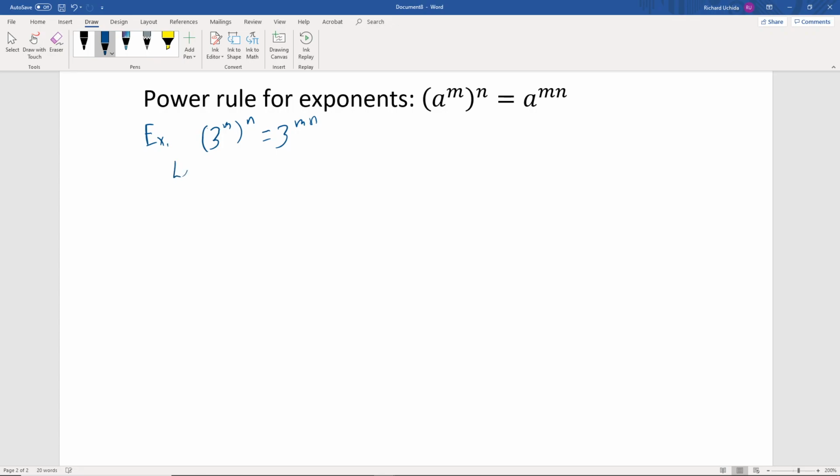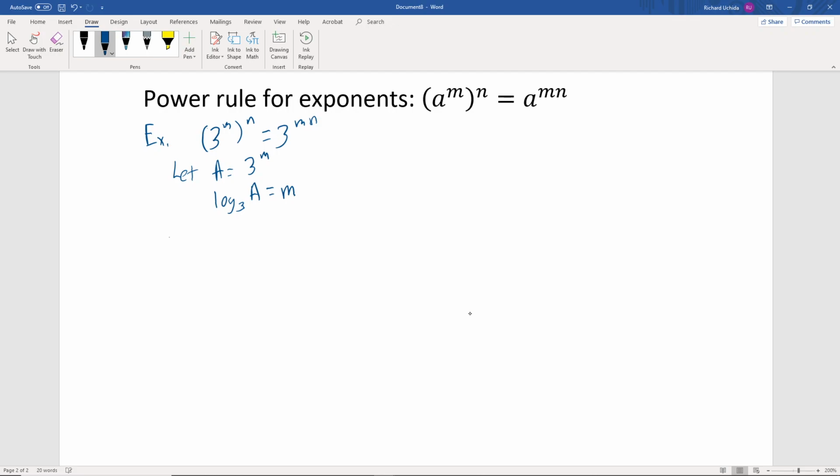So let's let a equal 3 to the m. By the definition of the logarithm, this tells us that log base 3 of a, what do we have to raise 3 to to get a? Well, we have to raise it to the m. So that's equal to m.